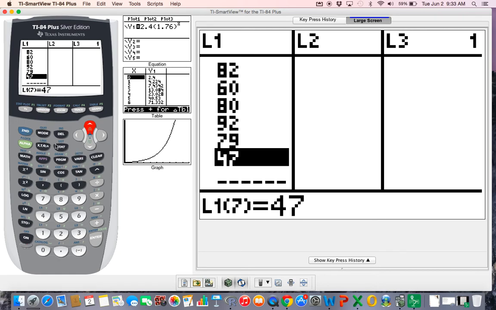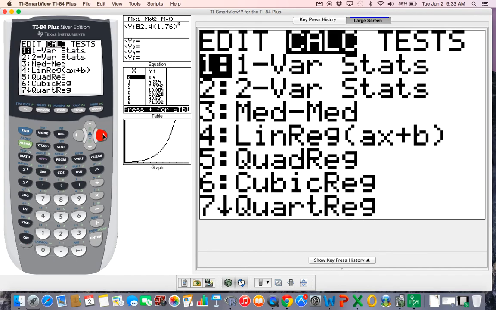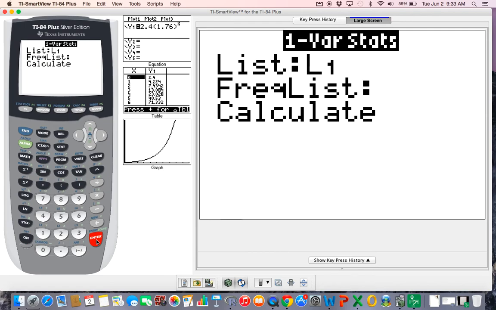All right, gang. What I'd want to do next is I'd want to go to Stat. I'd want to go over to Calc. And I'd want to go to one variable stats. Now, depending on the type of calculator you have, and I want to demonstrate the other operating system in just a second, give me just a second.